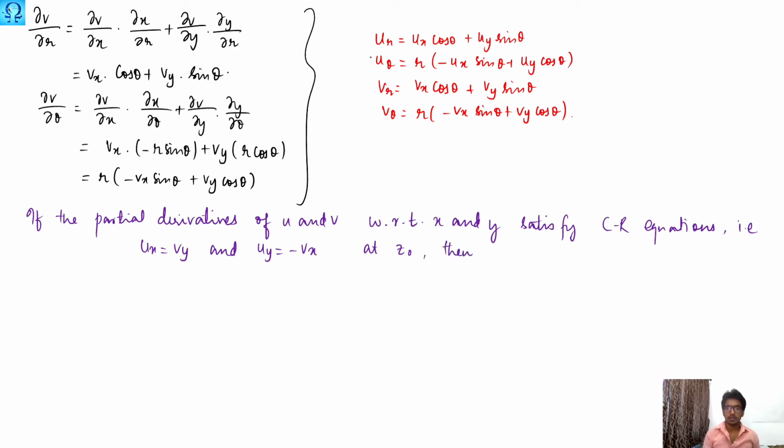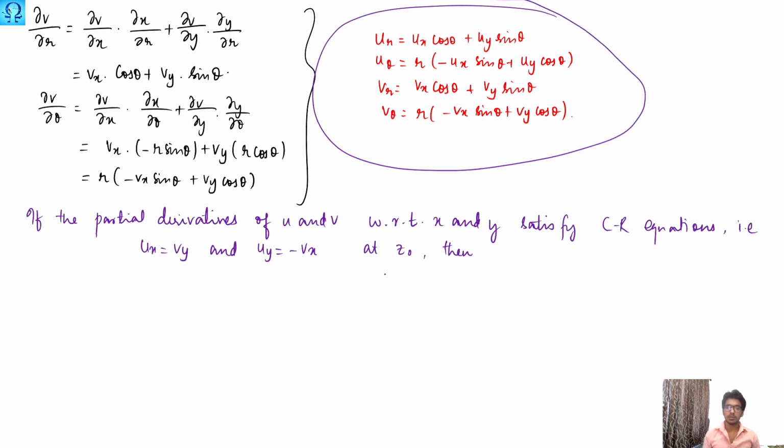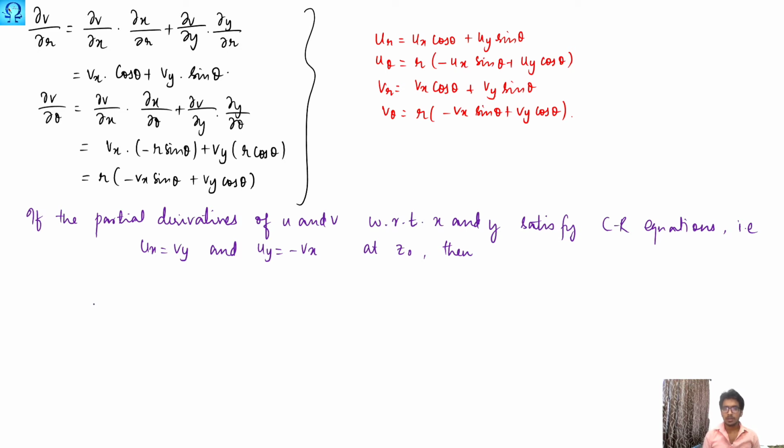Here we shall try to have everything in terms of, like, we shall change these things. Let us have this quantity as it is. Then we are going to substitute CR equations into this and see what we get.